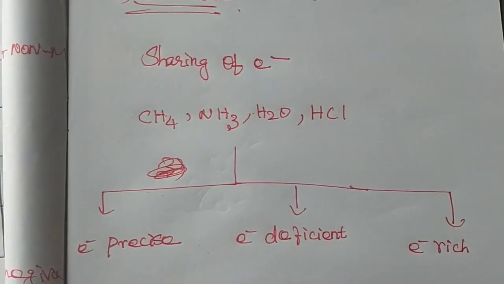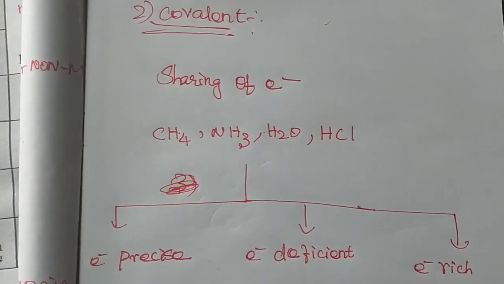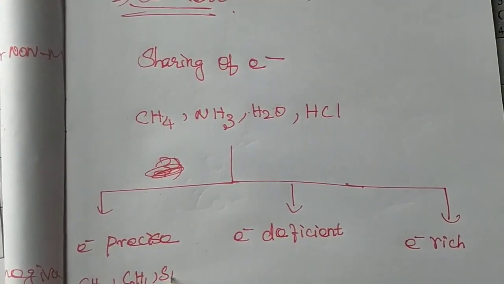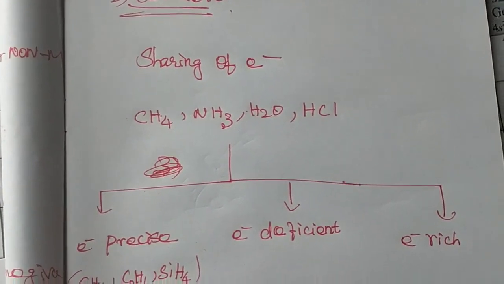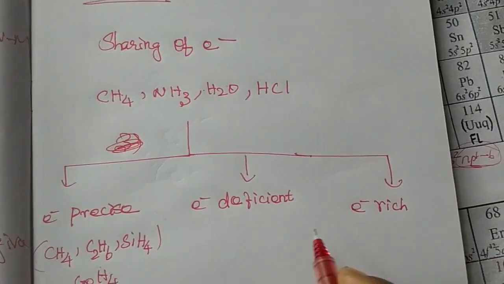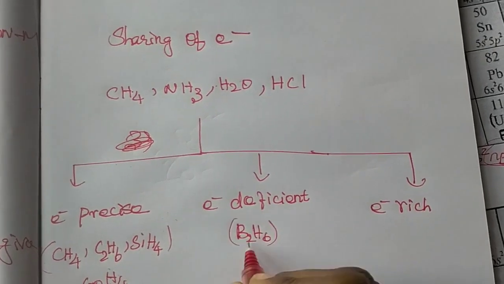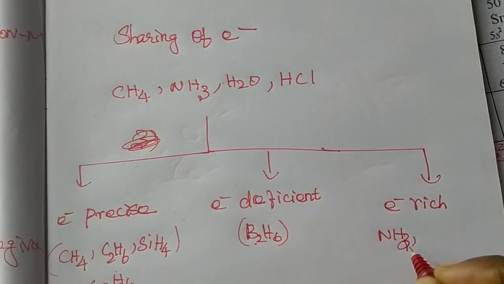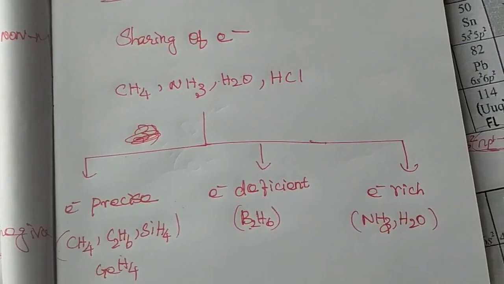Examples for electron precise compounds: methane, ethane, silicon hydride, germanium hydride. The example for the electron deficient compound: B2H6. And for electron rich compounds: ammonia and water.